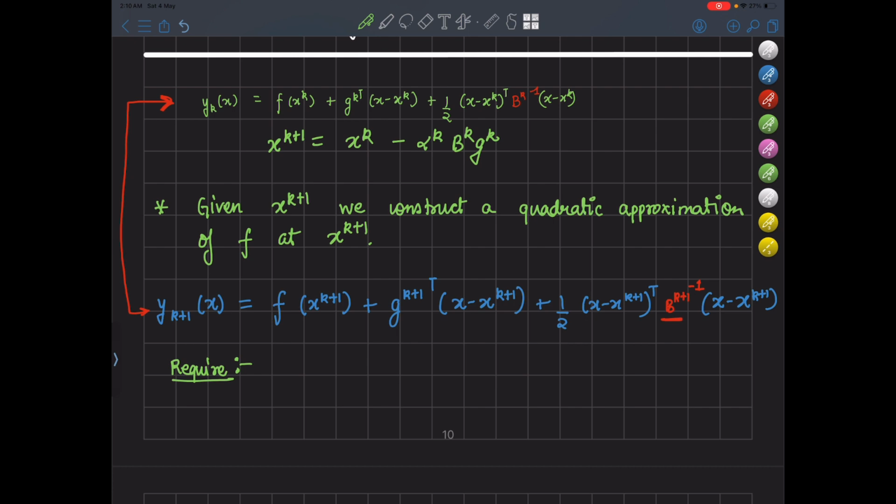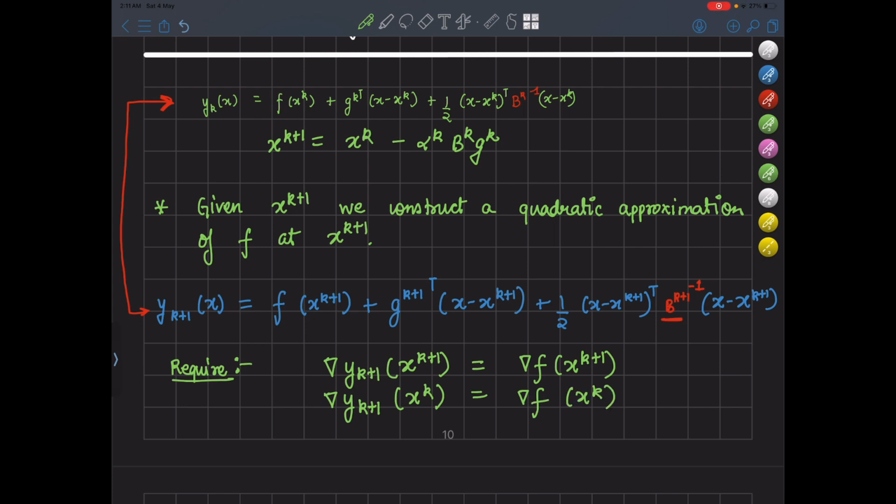All right, what can be those requirements? The gradient of y k plus 1 at xk plus 1 should be equal to the gradient of the original function at xk plus 1. And the gradient of this new function y k plus 1 at xk should be equal to the gradient of f at xk. This is a reasonable requirement.